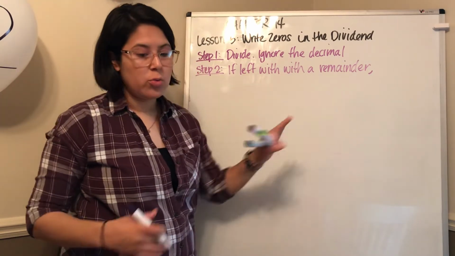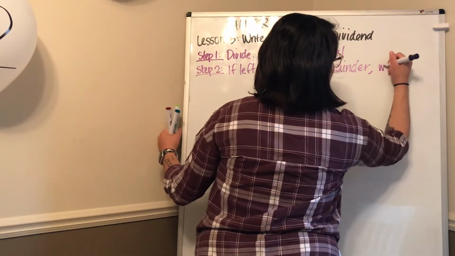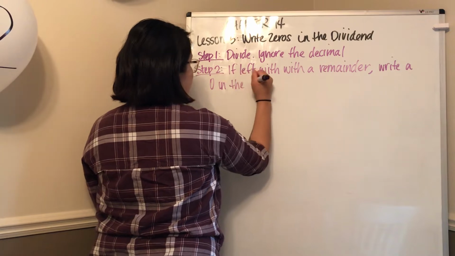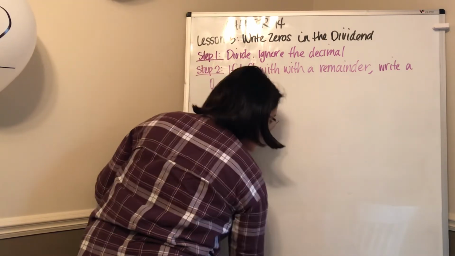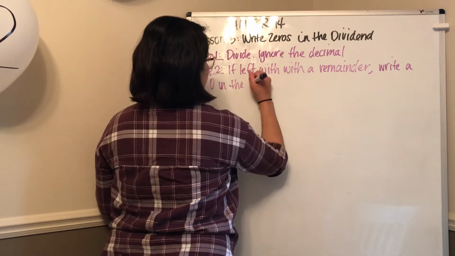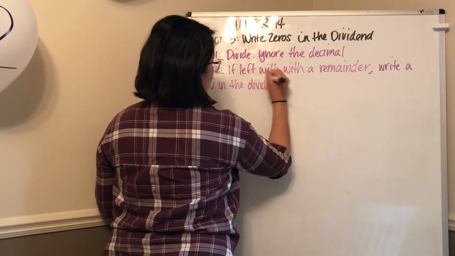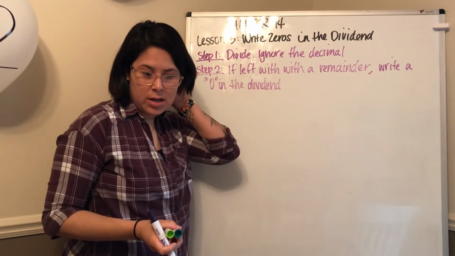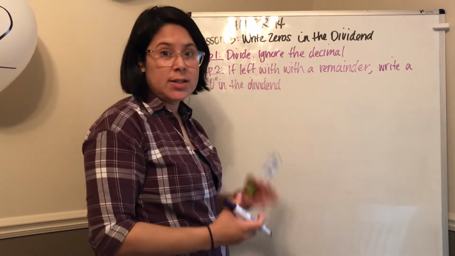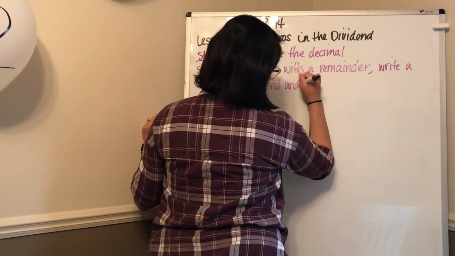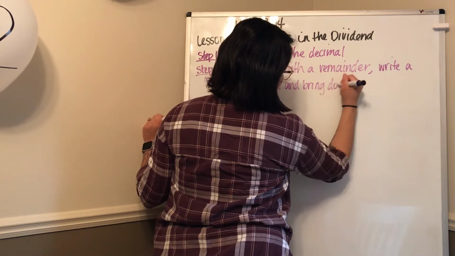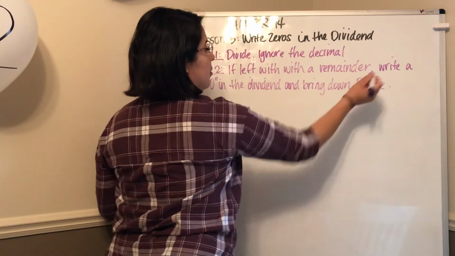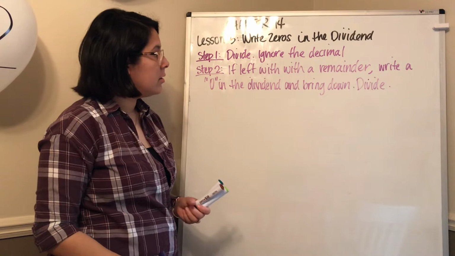So what you do is you write a 0 in the dividend, and then you bring it down, and then you divide. Continue to divide.